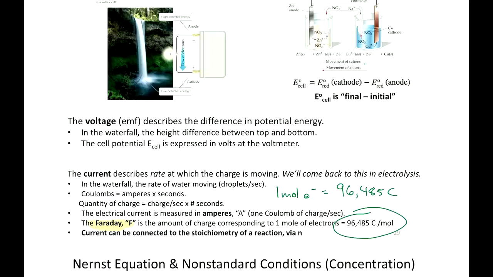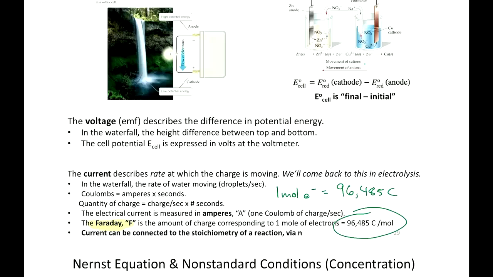So if we know how much charge is moving through our circuit with time, we can use Faraday's constant to convert to how many electrons are present. So we can measure coulombs, and then relate that to how many electrons are involved in this process.